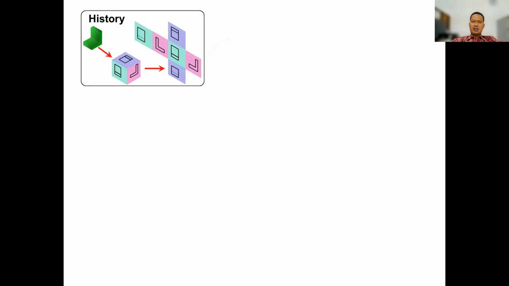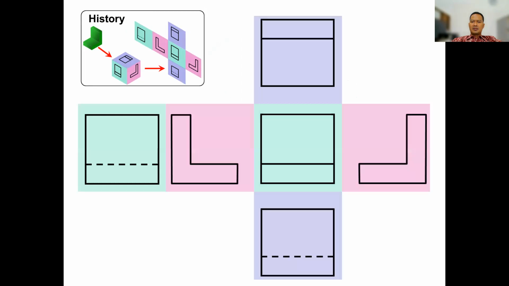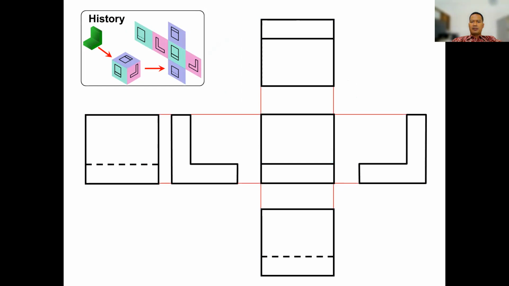You can see this is the history of how to get the projection view. And then if we draw in here, all projection views appear in here. This is the height, same with width, and also the depth, same with this one.